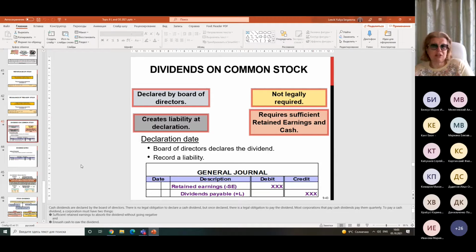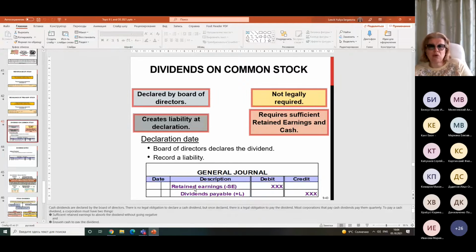So let's consider several important dates concerning dividends. First one is the declaration date, the date when the board of directors declares the dividend. At this moment, the liability should be recognized. You see dividends payable as an increase in dividends payable on credit. And at the same moment, we should decrease retained earnings.